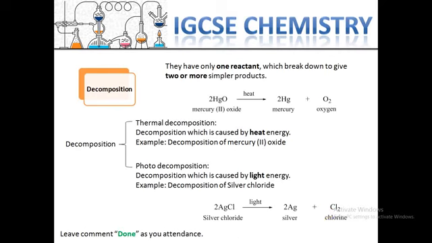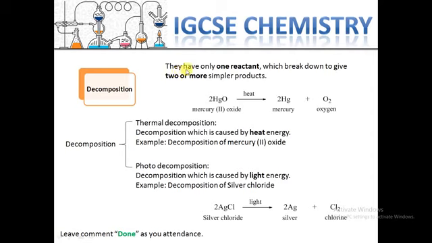Another kind of chemical reaction is decomposition. Decomposition is the opposite of synthesis. In synthesis, you have two or more reactants mixed together to get one product, but in decomposition, you have one reactant which breaks down into two or many products.